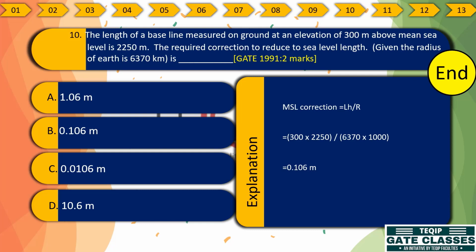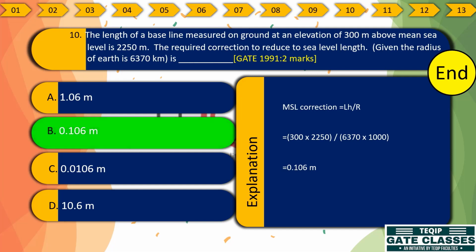It is converted to meter by multiplying by 1000. So our answer is 0.106 meter. So this is a very simple question. Only the concept is mean sea level correction. So let's check the answer. Yeah, 0.106 meter. So this is the video in which I clear your concept by previous year questions.